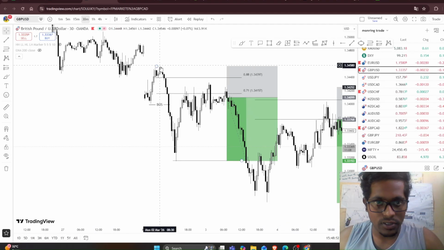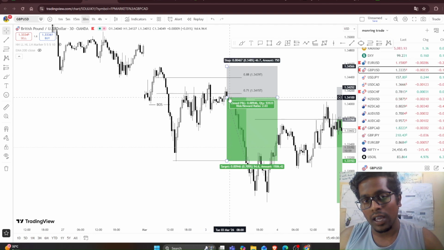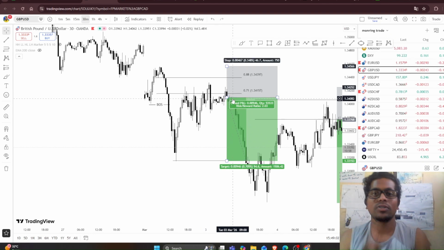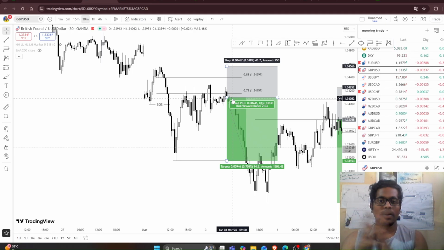Actually, I was waiting for this setup. I did not find one at first, but later I found the retracement levels, and then I had emotions. I should have taken this trade without any hesitating, self doubt or second thoughts. I should have just jumped into the trade, but I did not do that.